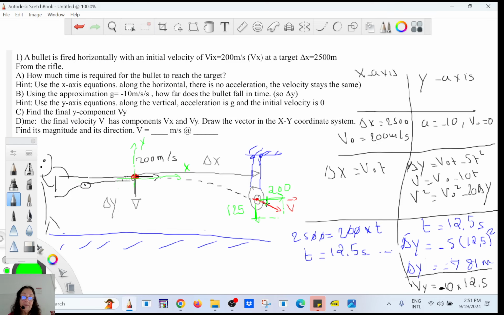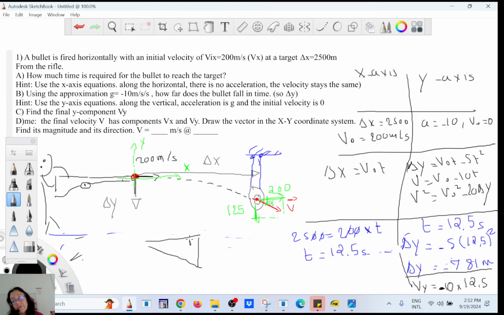And then you can find that angle here. Can you find that angle here? Okay, so a little bit of geometry. So you have a right angle triangle.